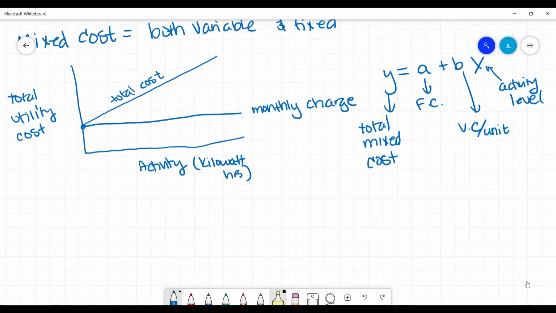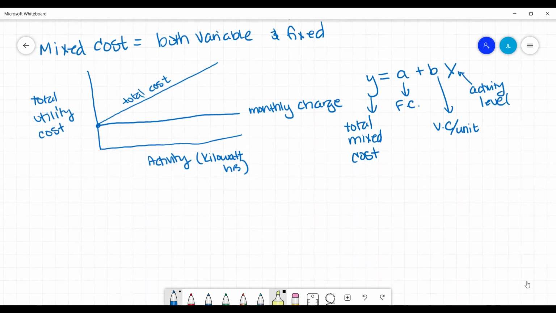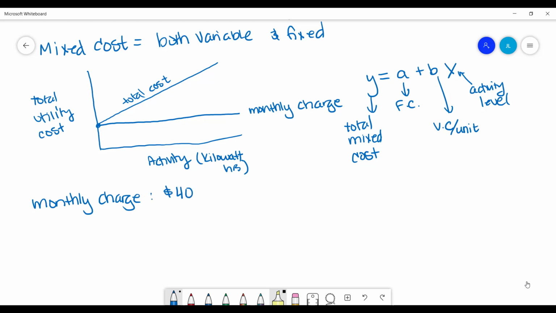So let's put this to use here. So let's assume the monthly charge on our utility bill every month is $40. Okay, $40 a month. And let's assume the variable cost of my utility bill is 3 cents per kilowatt hour.